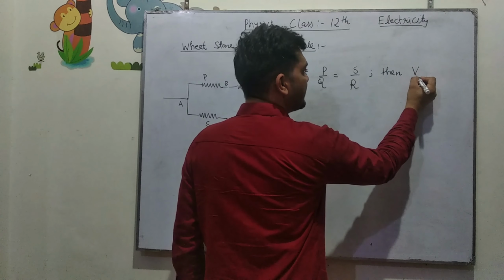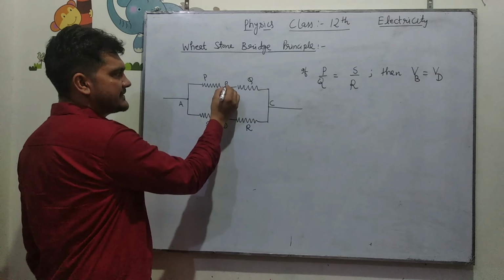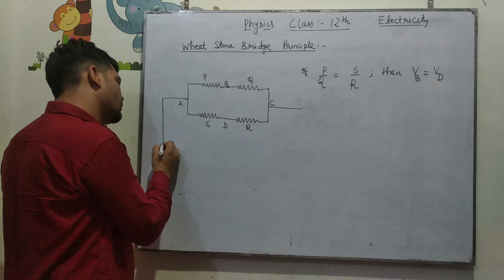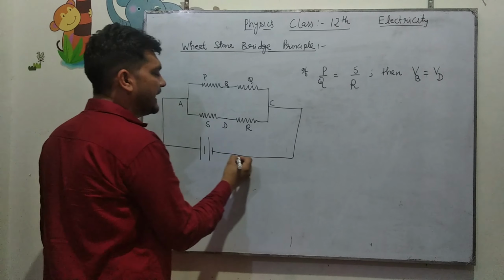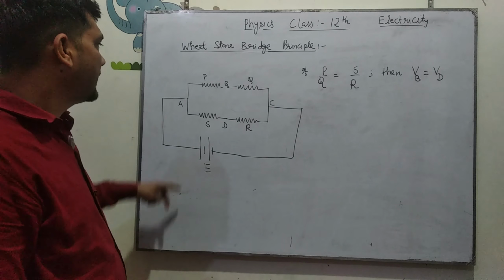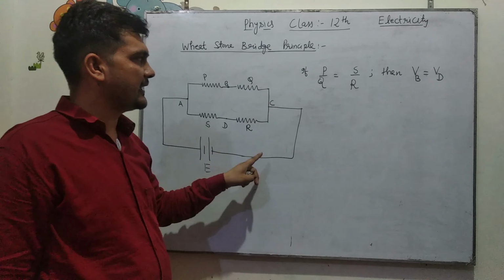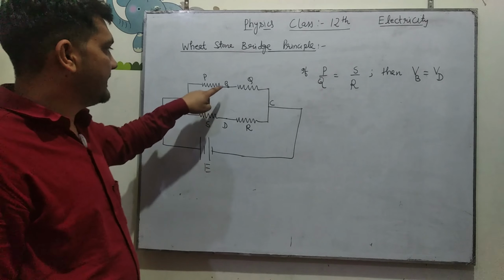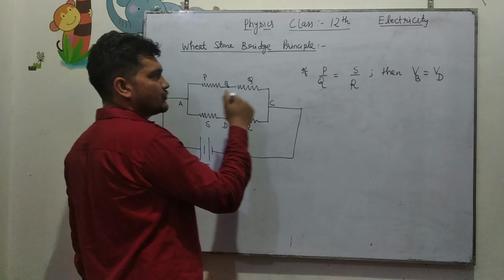Then potential at B is equal to potential at D. You may have connected any battery with this circuit. Any battery of any EMF you may connect here, and if these resistances are in this ratio P by Q is equal to S upon R, then these 2 points are always at the same potential. Potential at B is equal to potential at D. It means there is no potential difference between these 2 points.